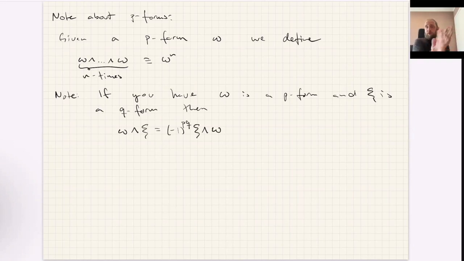So changing the position, you change the sign if the product of p and q is odd.